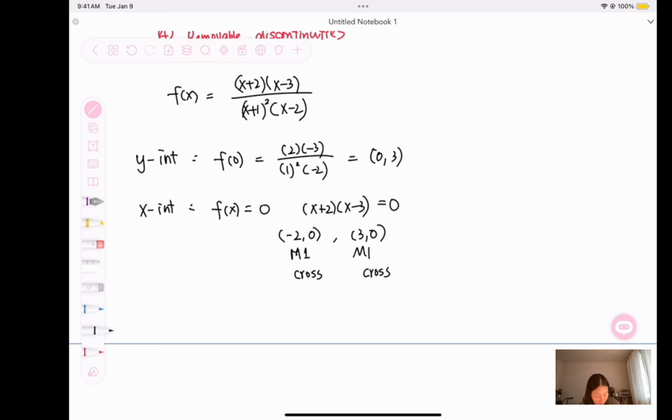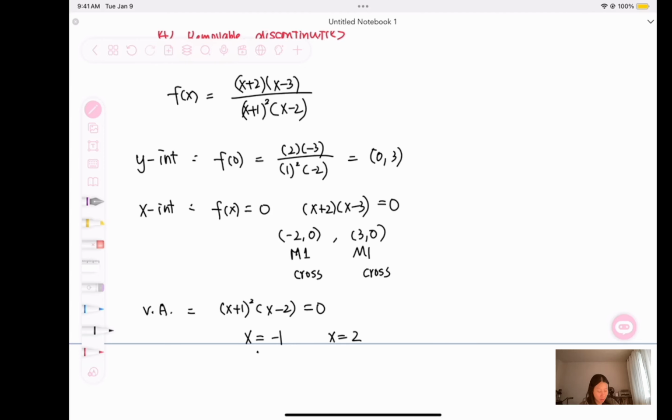Okay, next thing is the vertical asymptote. The vertical asymptote is found by letting the denominator equal 0. So we have 2 asymptotes, which we can write as x equals negative 1 and x equals 2.